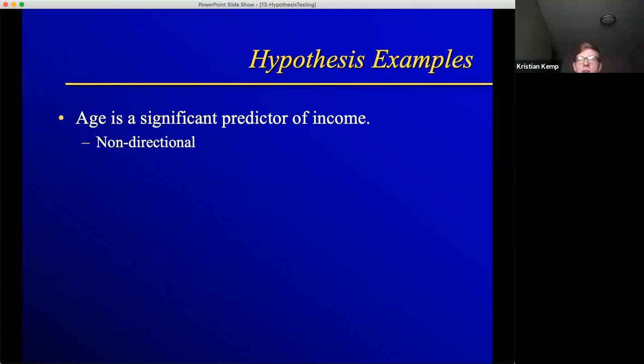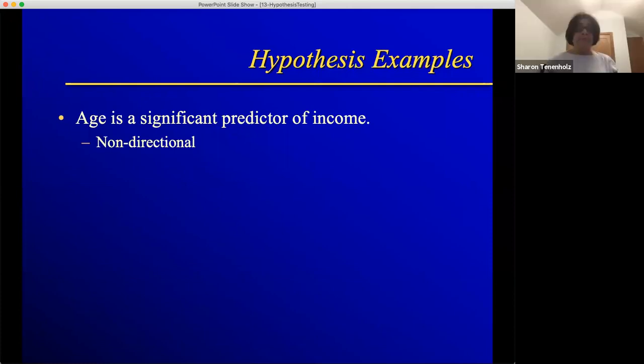Because you can use income as a statistic, and you can find out with age as well. So you absolutely can use statistics on income and on age. You're right about that. But that's not what's going to define this as a null versus an alternative hypothesis.